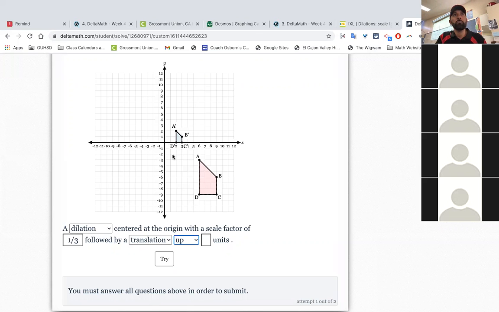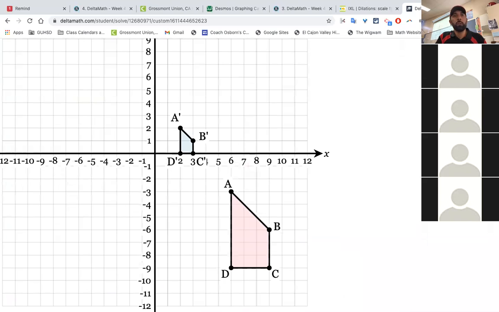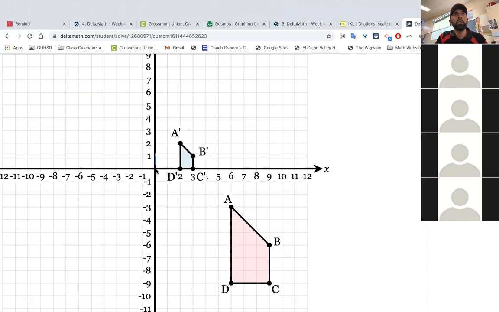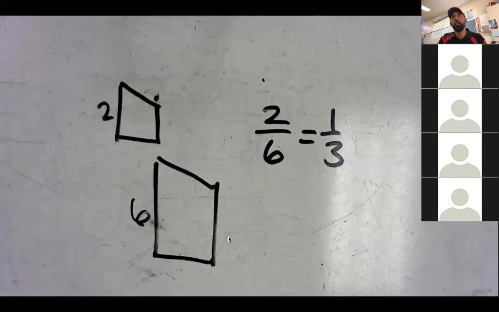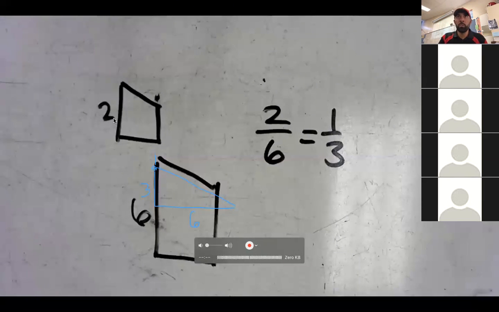Here, for the distance from the middle, we're gonna form a little triangle. On this side it's 6, on this side it's 3. We're gonna reduce this thing and start pulling it towards that side. So we're reducing everything by going from 6 to 2, multiplying by 1 over 3, or basically dividing everything by 3.